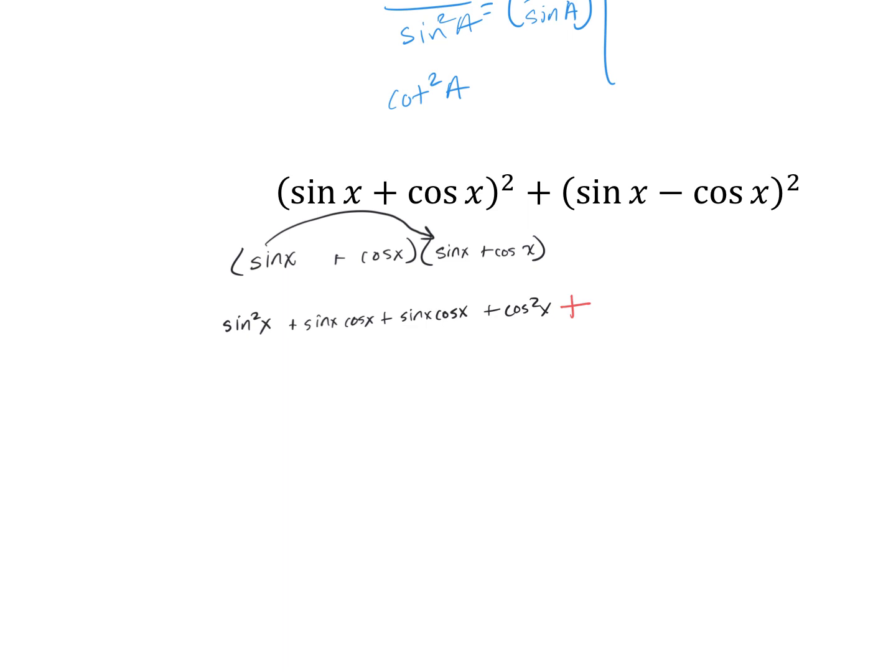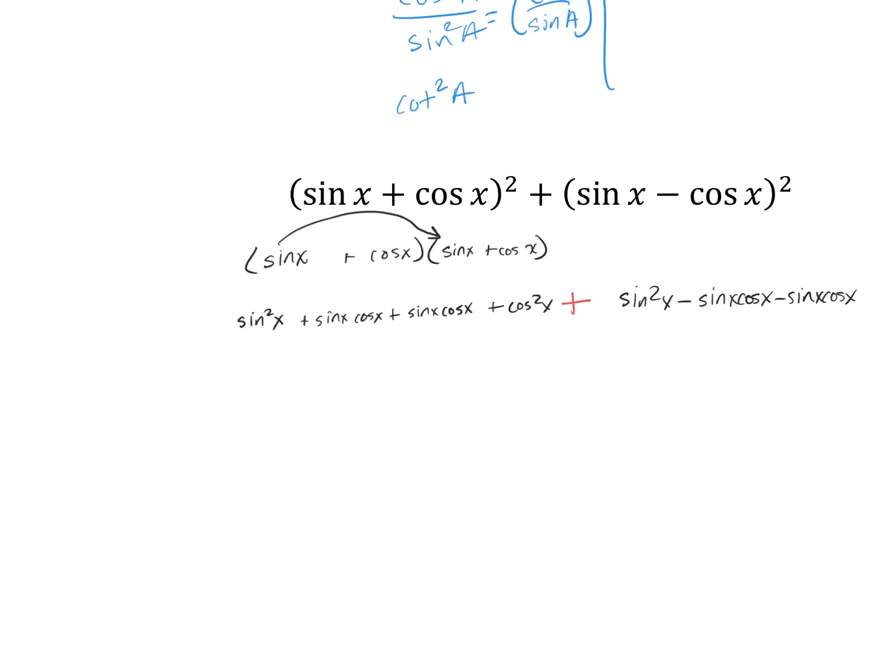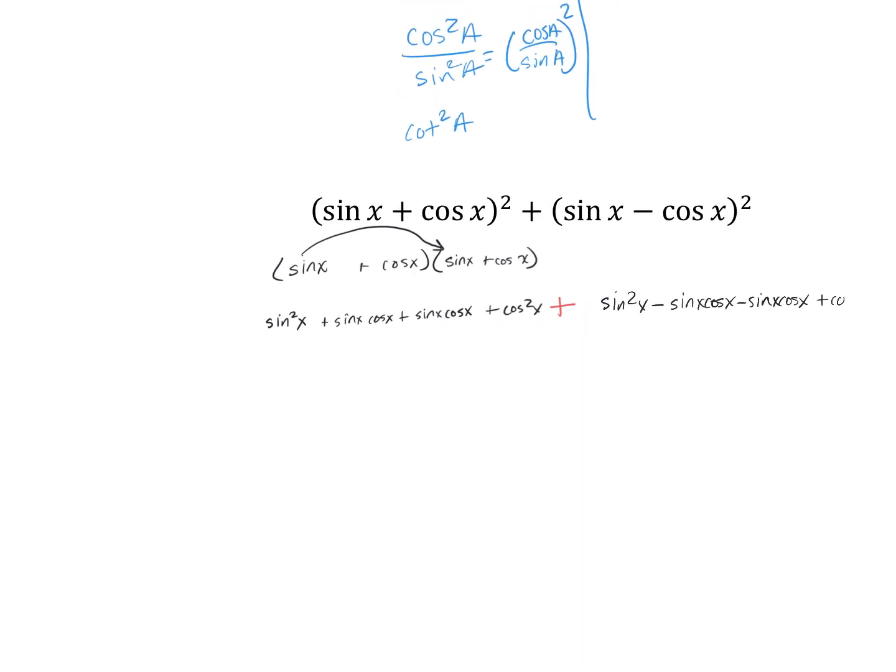And guys, I got sine squared x minus sine x cosine x minus sine x cosine x plus cosine squared x. Is that what you guys got when you did the second one? All right, what else do you see?